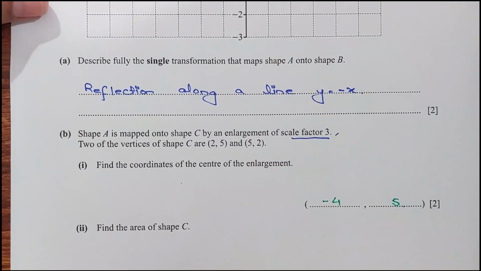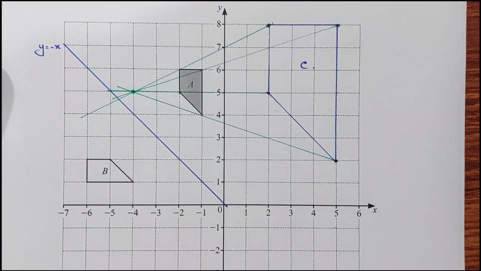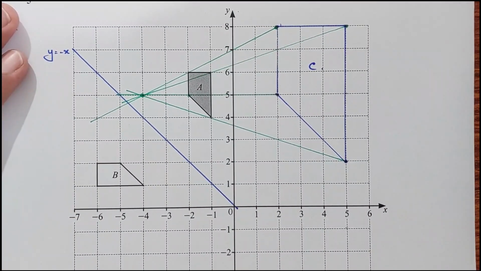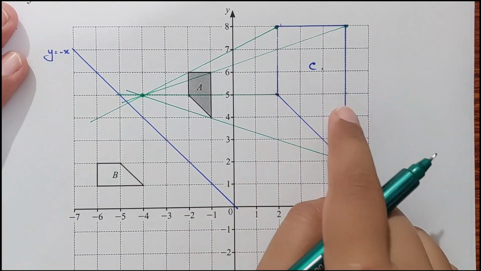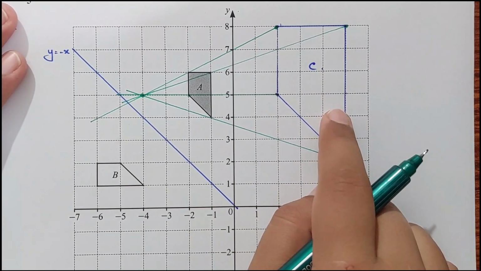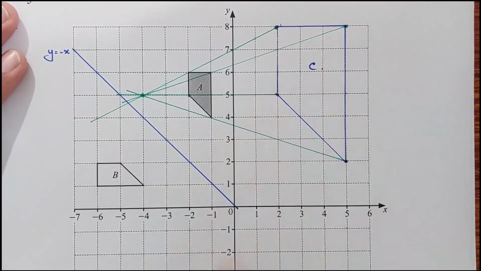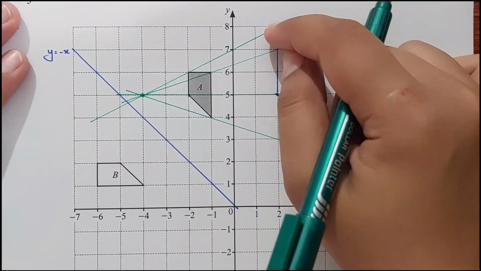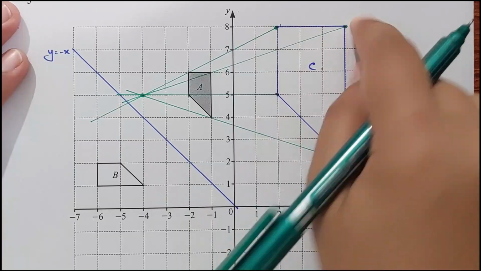Now for the second part, find the area of shape C. As you can see, shape C is a trapezium. The area of a trapezium is half the sum of the parallel sides multiplied by the height. The parallel sides are 3 and 6, and the height is also 3.